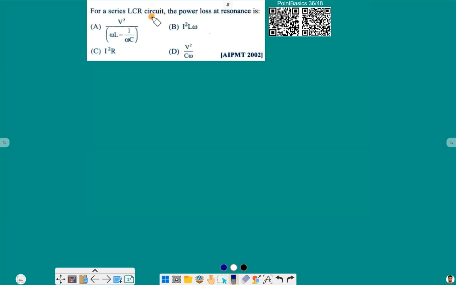So here we have an LCR circuit, and that is a series LCR circuit. Power loss at resonance we have to find out. At resonance, we know normal power loss is given by Vi into cos phi. Now this cos phi is equal to R by Z, and Z is equal to the square root of R square plus (Xc minus XL) square.